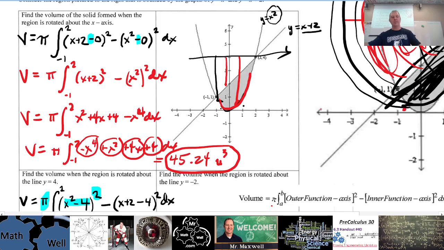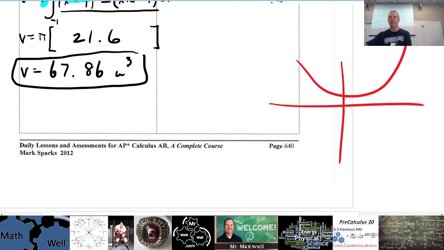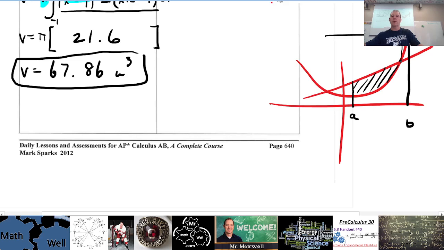Now, let's say you have something like this, and you have something like this, and your a and your b, you know, like sad for you, but let's say the a and the b is like this, right? So now you have outer, and this is your axis of rotation right here. Well, you're gonna have to split this up into two parts, no big deal. But this is going to be your first part. You're gonna have to focus on this value, a to c, and find this volume of rotation, right?